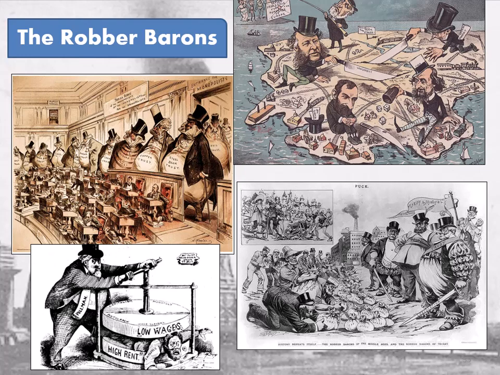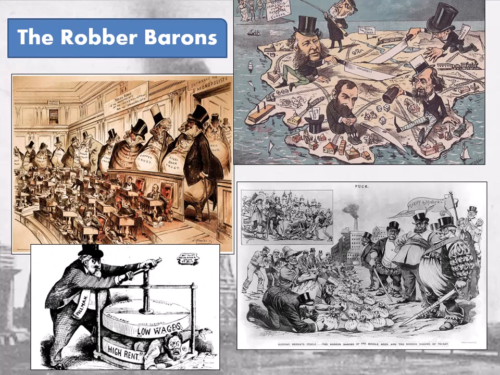But at the very moment of the pinnacle of their success, that is to say the hard structuring of the American economy around this model, the leaders of these different trusts or corporations became increasingly the object of political reaction. You are hopefully familiar with the term the robber barons.